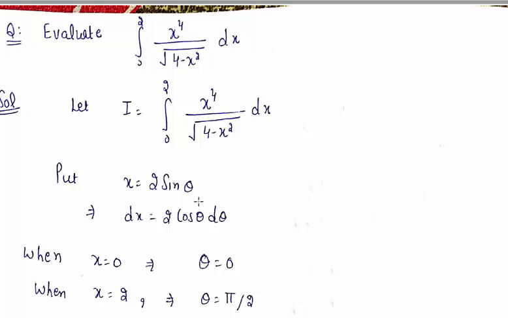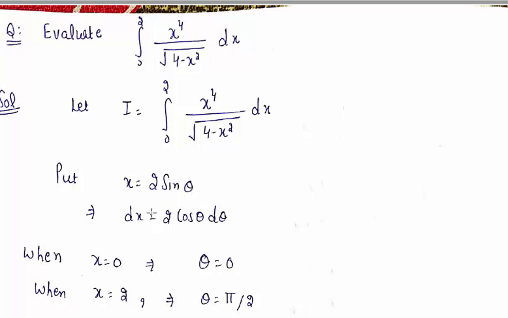Now to simplify this integration, we substitute x equals 2 sine theta. Then dx, meaning the derivative, equals 2 times the derivative of sine theta, which is cos theta d theta, because we find the derivative with respect to theta.